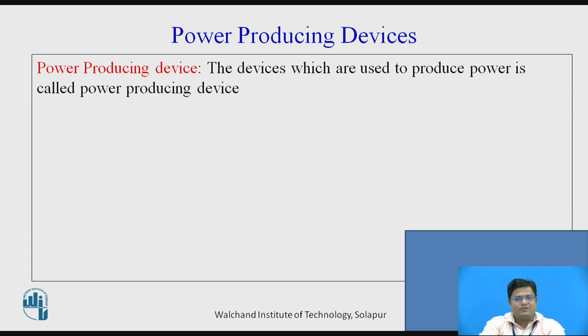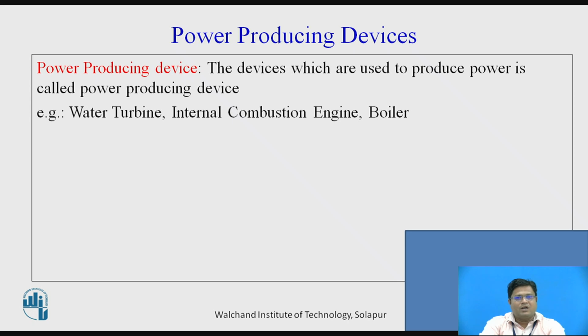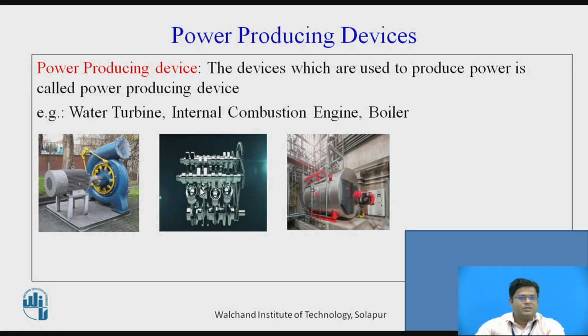And the devices which are used to produce power are called power producing devices. The examples of power producing device are a water turbine, internal combustion engine, and boiler. So these are the images of water turbine, internal combustion engine, and boiler.